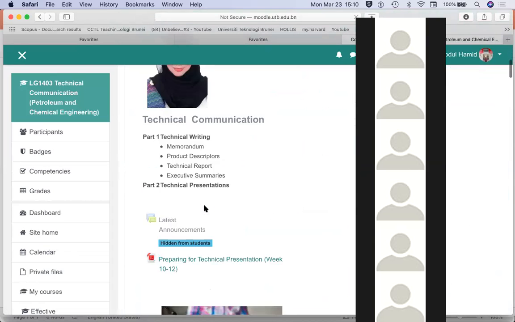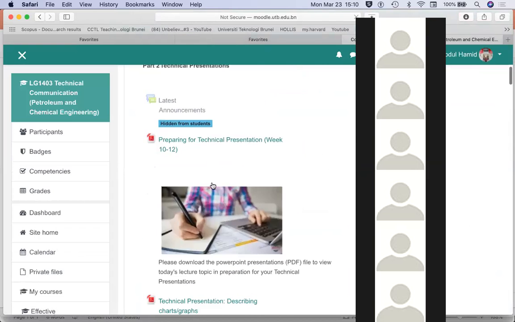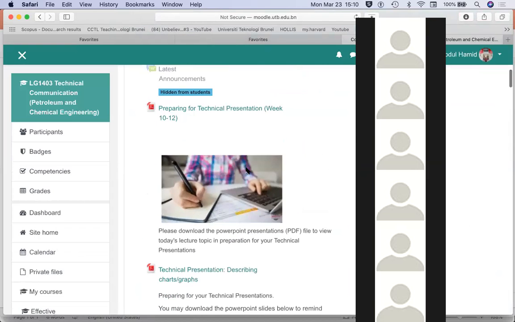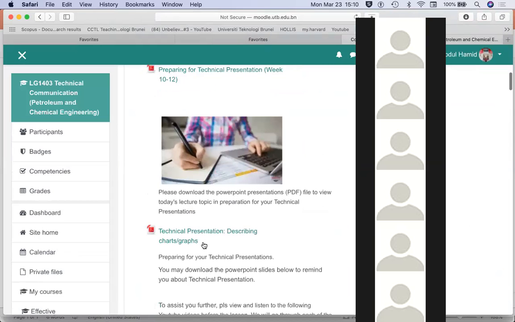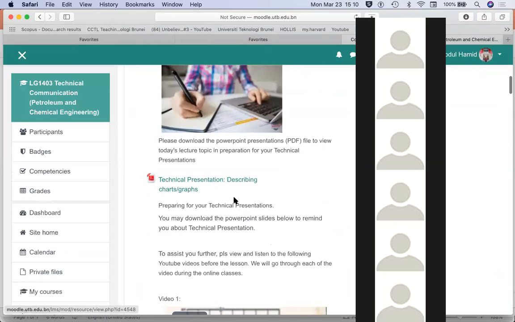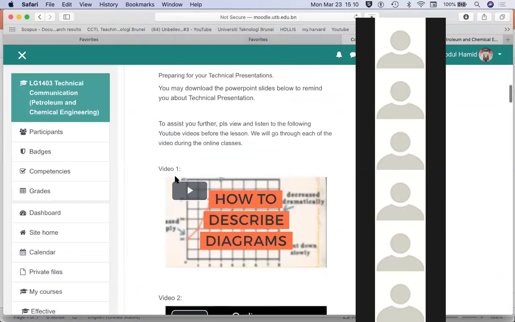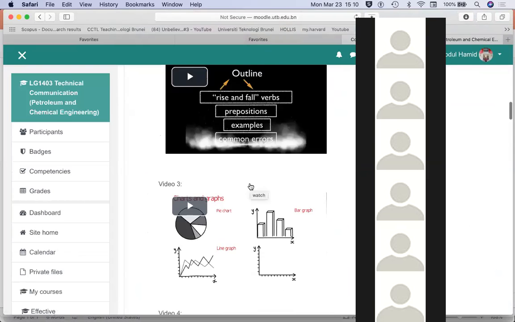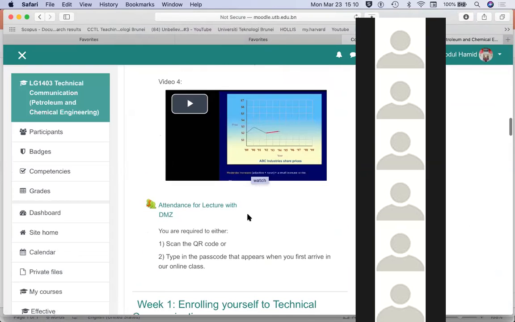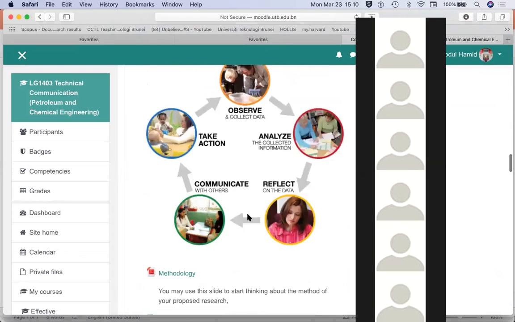Look at this one. This is your preparing for technical presentation. This is the one I went through last week, so you can go through that. This is where you describe all the charts, the video. When you see this one, you know this is going to be your PowerPoint. So you can see the video 1, 2, 3, 4, and then that's 4.